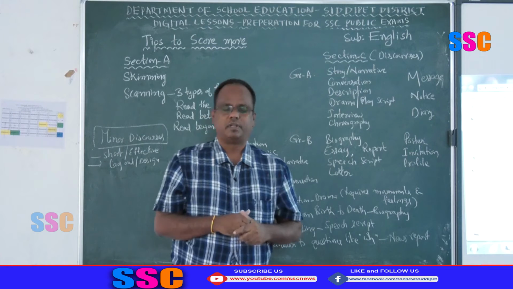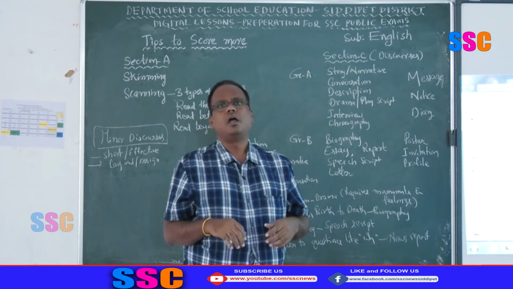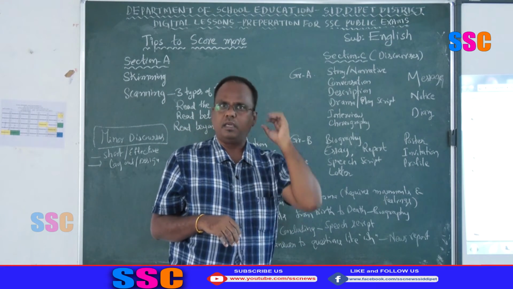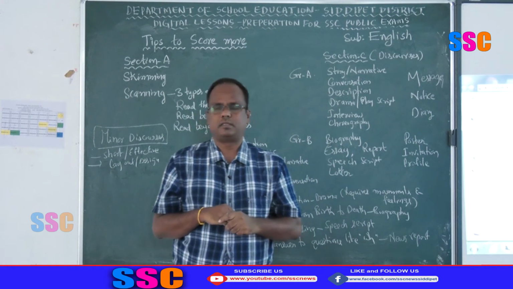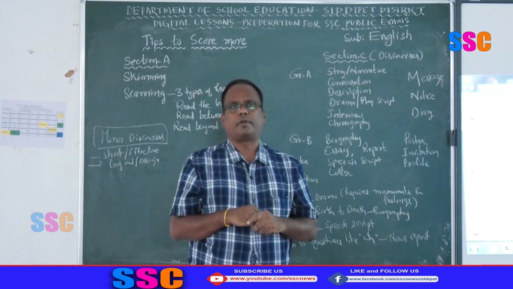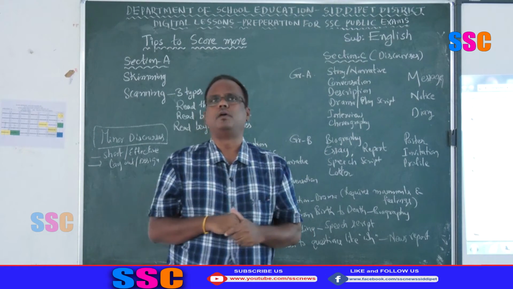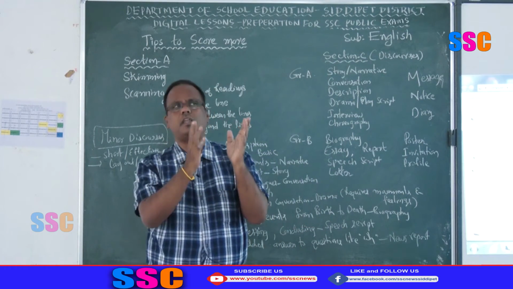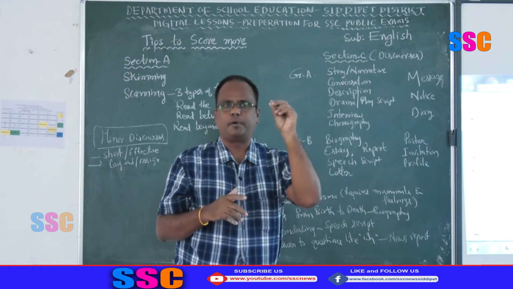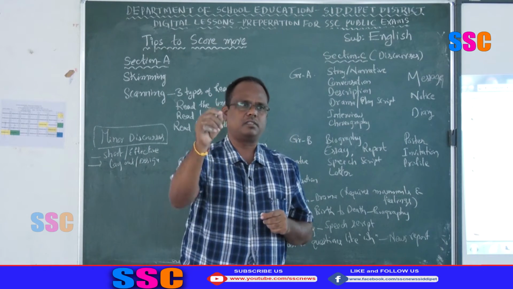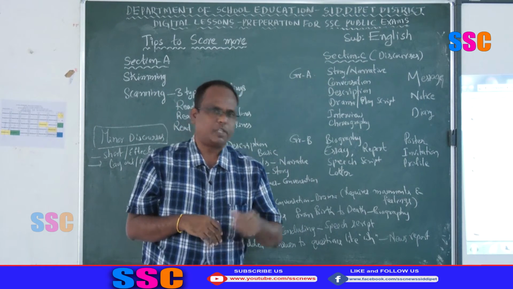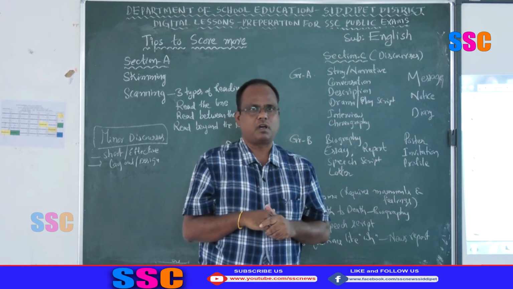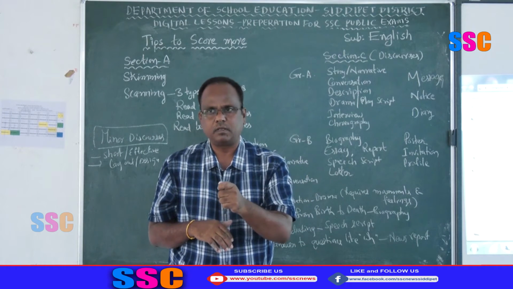For example, let's say: he is a doctor and he is working in a private nursing home. The first sentence says that the person is a doctor, and the second sentence says that he is working for a private nursing home. Now, if the question comes, is the doctor working for a government hospital?